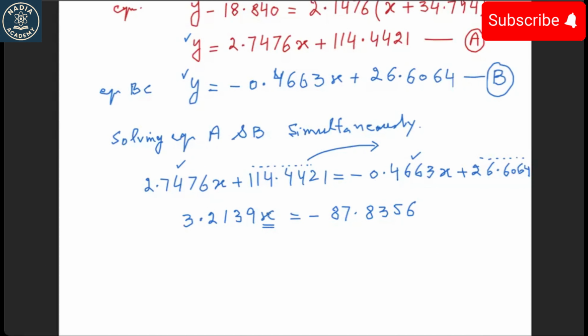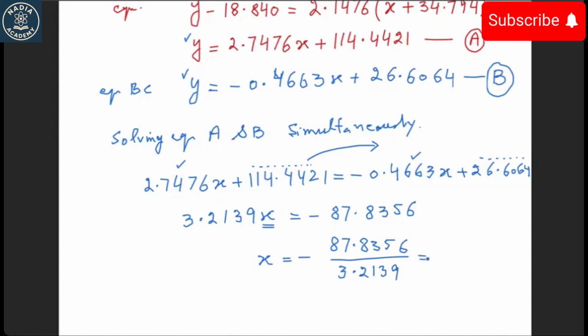Now, this is our x coordinate. We have a constant times x. So our x coordinate will be that this constant moves to the right hand side and it will divide. So we will have a negative 87.8356 divided by 3.2139.